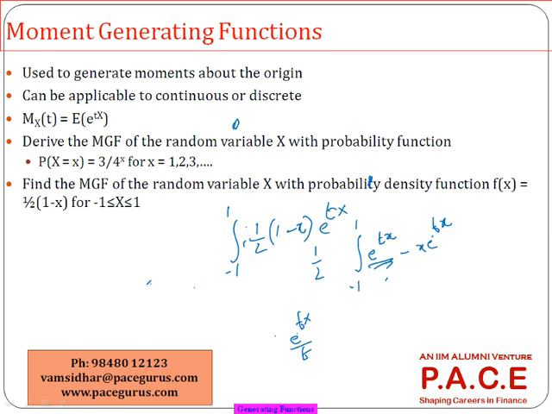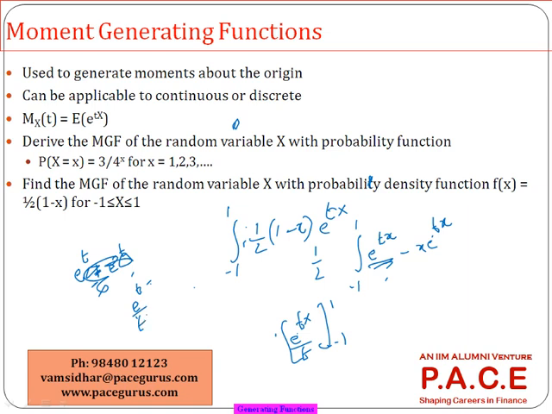The integration for the first part, e power tx by t. So I substitute 1 and minus 1 in this. If I put x equal to 1, it becomes e power t by t.